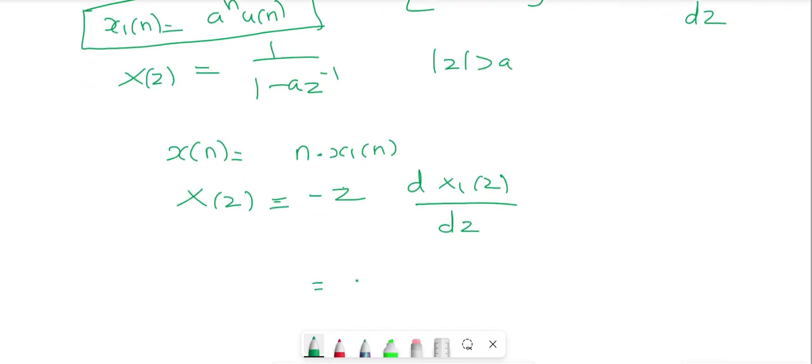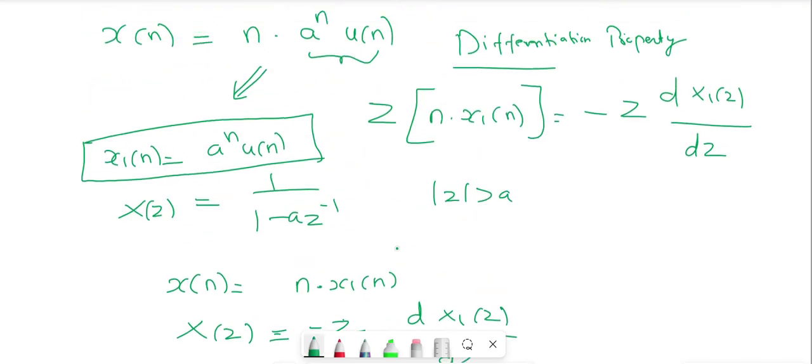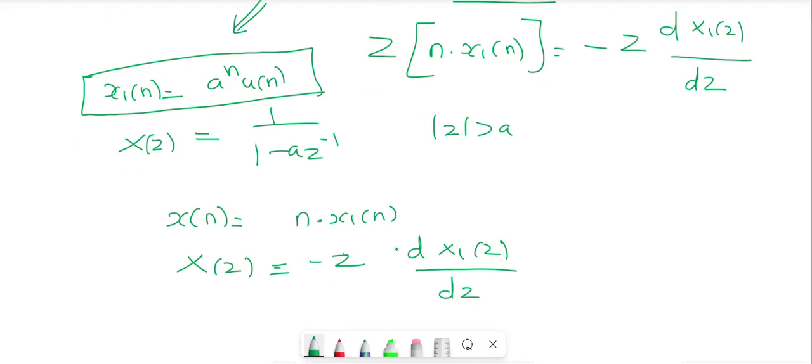What is x1 of z? Minus z times d by dz of 1 by 1 minus a z inverse.